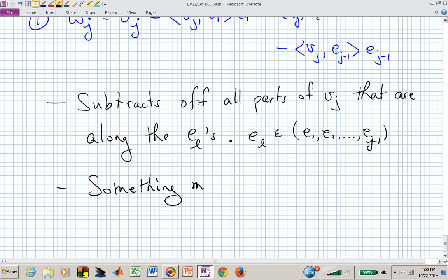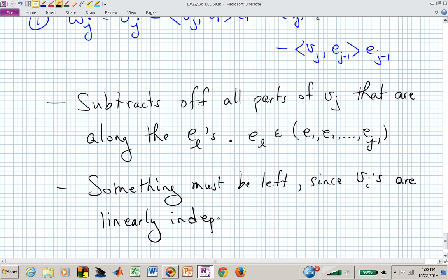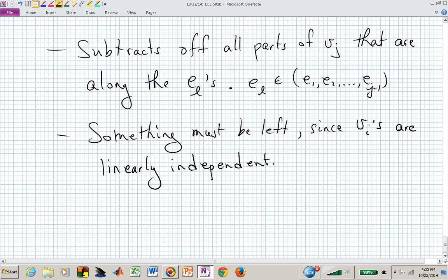Something must be left from this subtraction, since the v sub i's have been assumed to be linearly independent.